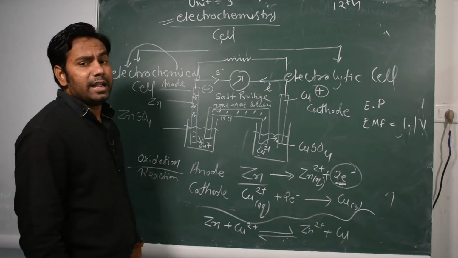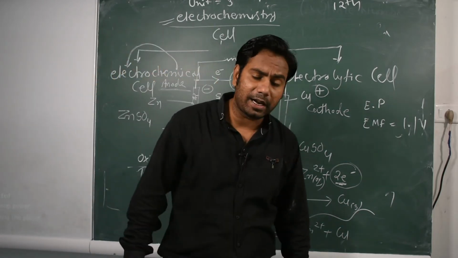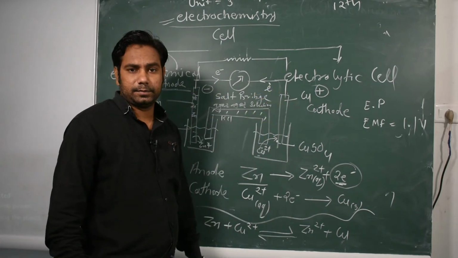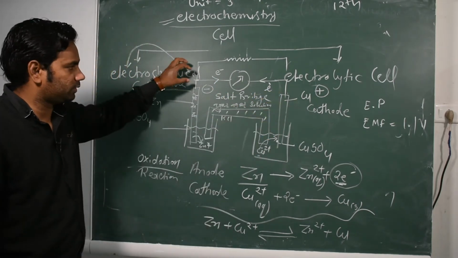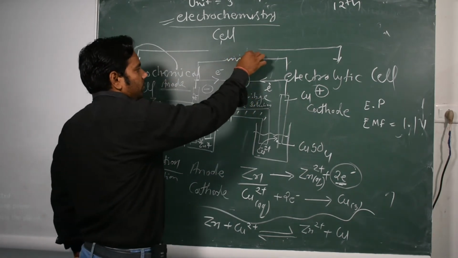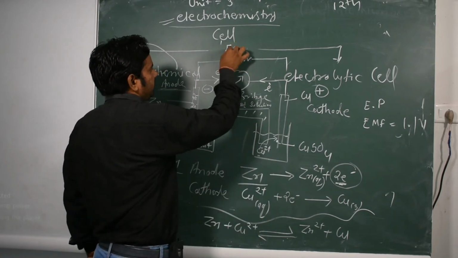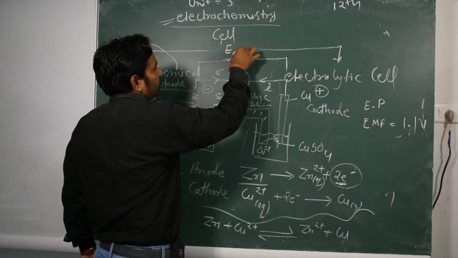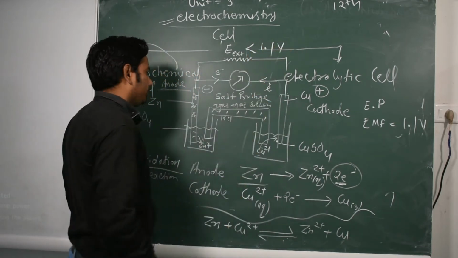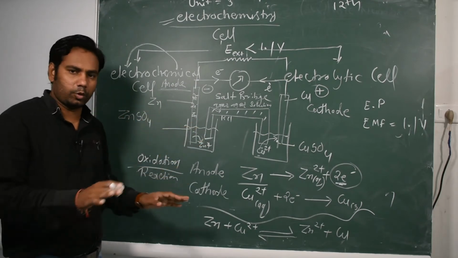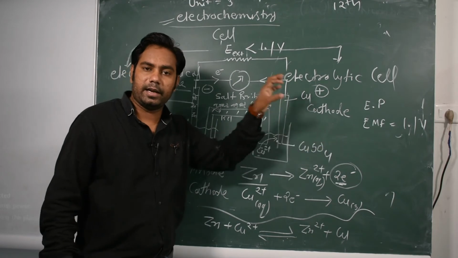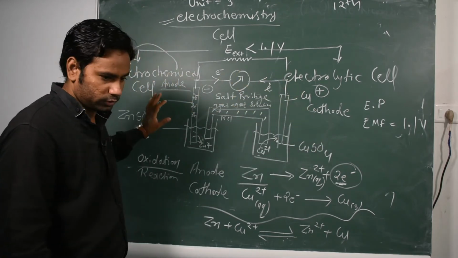In your book there are 3 different diagrams for that, with different directions of electrons and current I. First, if we connect an external source with E external less than 1.1 volt, the condition is the same, no change: electrons move anode to cathode and current moves cathode to anode.